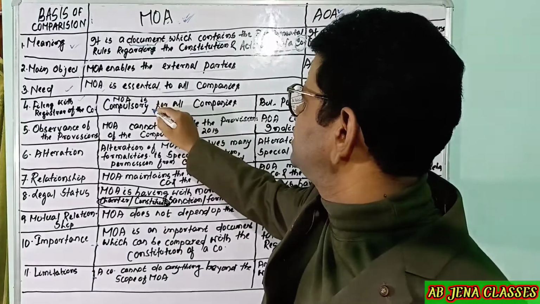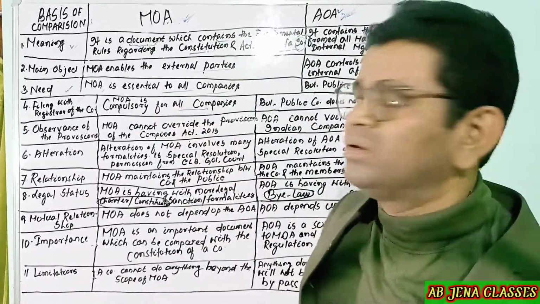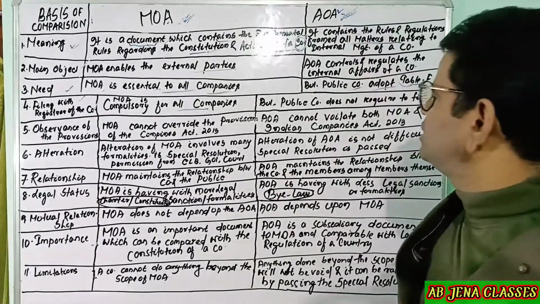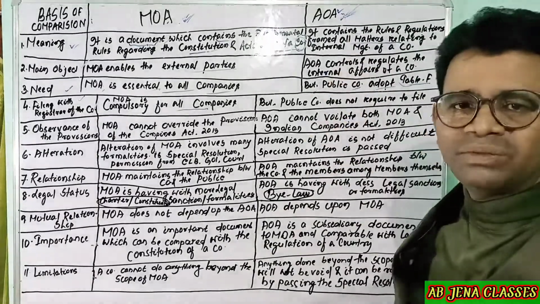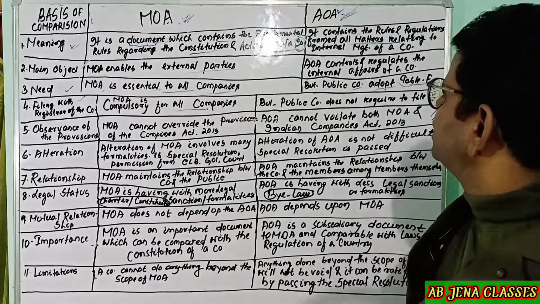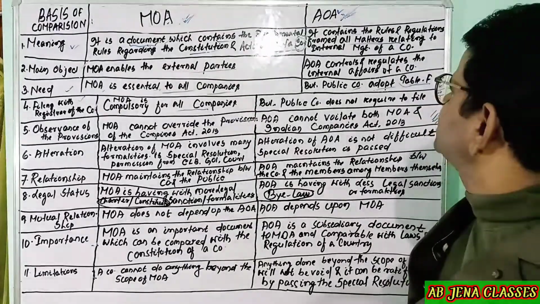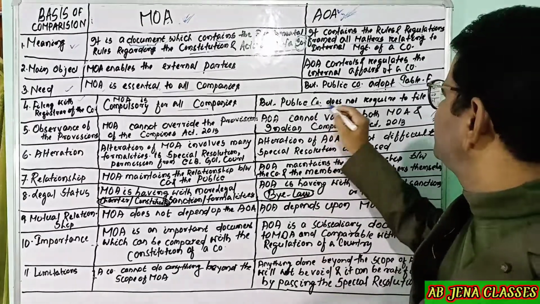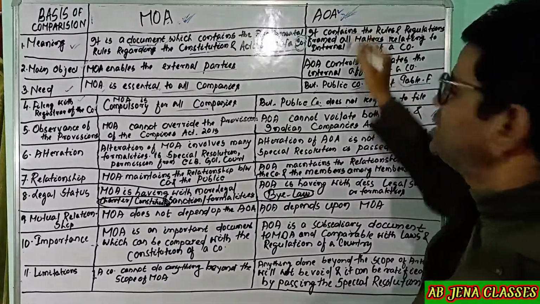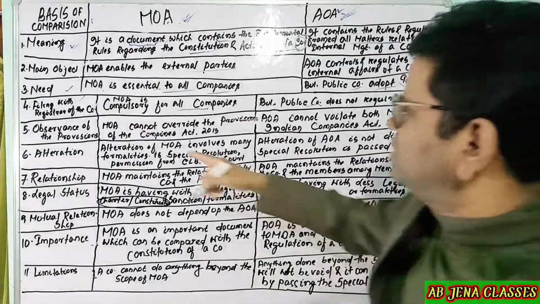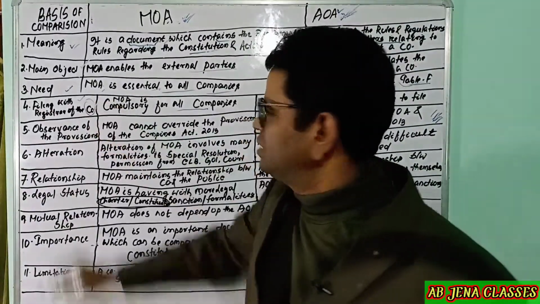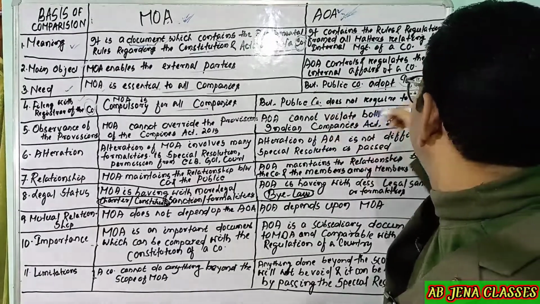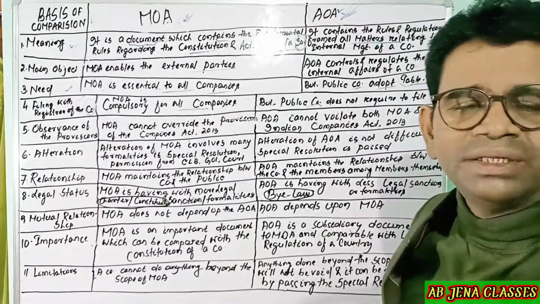Whereas for Articles of Association, all types of companies must file them except the public company. A public company does not require to file Articles of Association with the Registrar of Companies. A public company will file Table F as its articles.